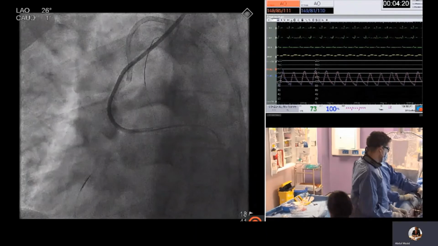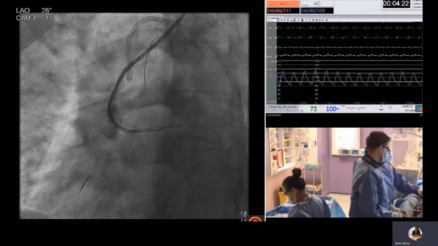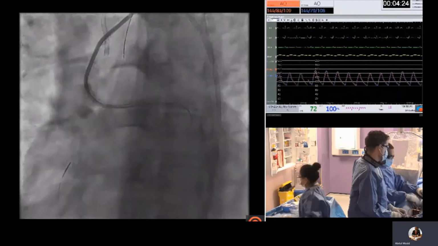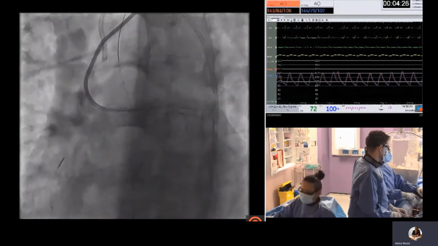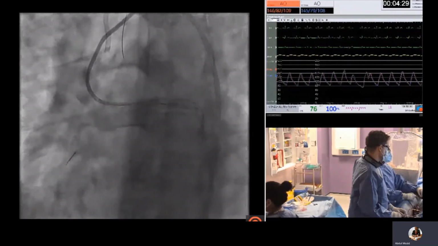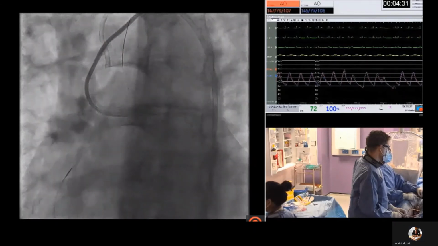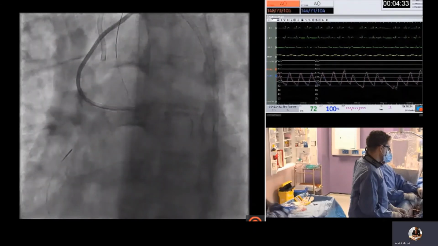So now the plan is to advance the microcatheter also out into the aorta in exchange for a long RG3 wire and try to snare this.